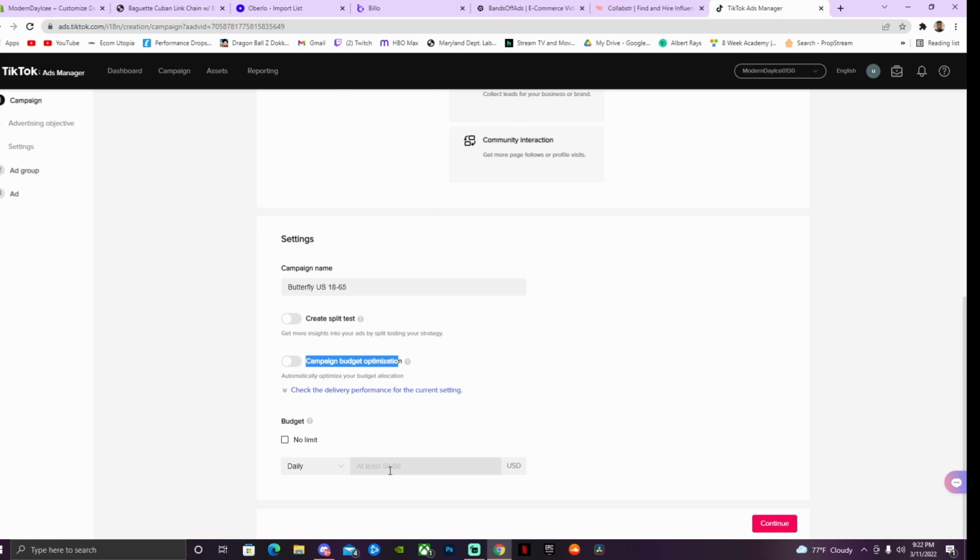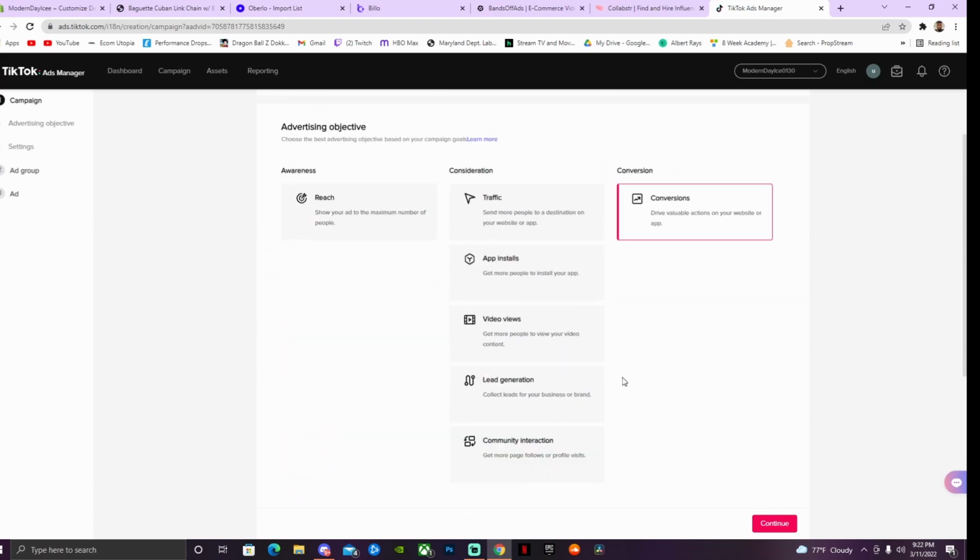If you have more money to play around with and you want to see quickly whether the product you're testing is a winner, you can up it to about $40 a day per ad set. If I had $20 a day per ad set and 5 ad sets, this campaign would be spending $100 a day in ads. So just to start it off, I have a $20 daily limit. Then I'll hit continue.